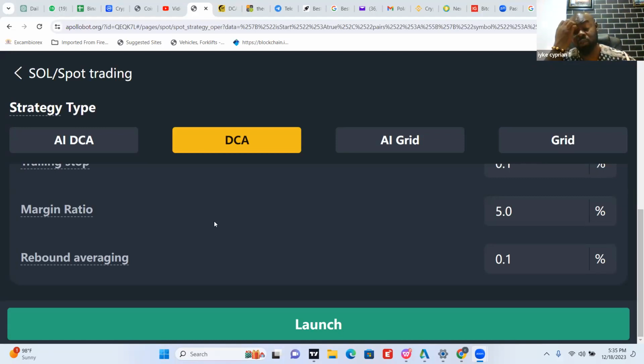Trust me, you could make between 15% and as high as 50% monthly using the Apollo bot to trade. It has been tested and trusted. It has gone through all market turbulences from April to the present date.